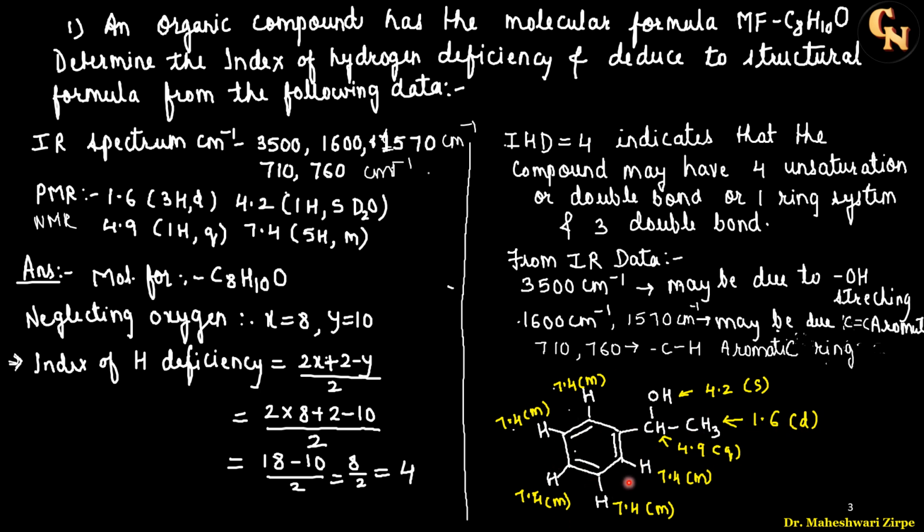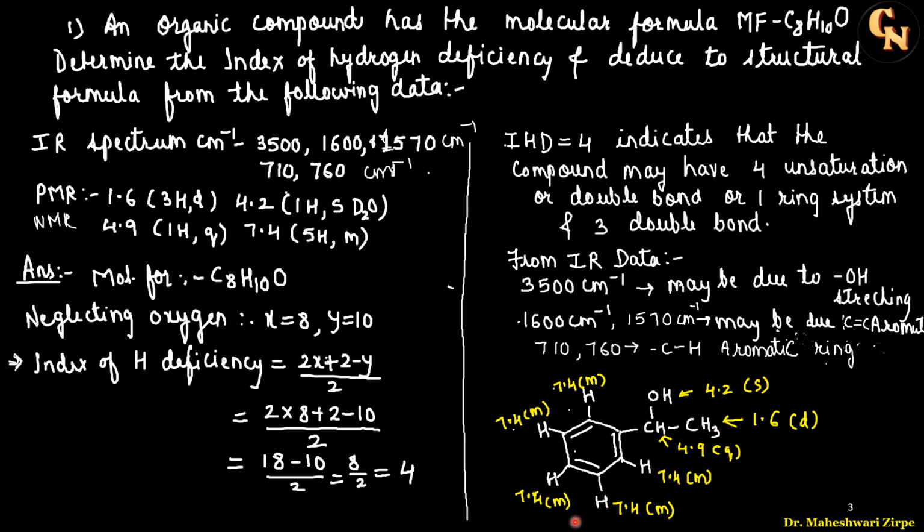Now let us see whether it matches our molecular formula. Let us count the number of carbons: 1, 2, 3, 4, 5, 6, 7, 8, C8, correct? Benzene ring 6 carbons, 7 and 8. So the carbons match the molecular formula. Now let us count the hydrogens. They are saying the molecular formula has 10 hydrogens.